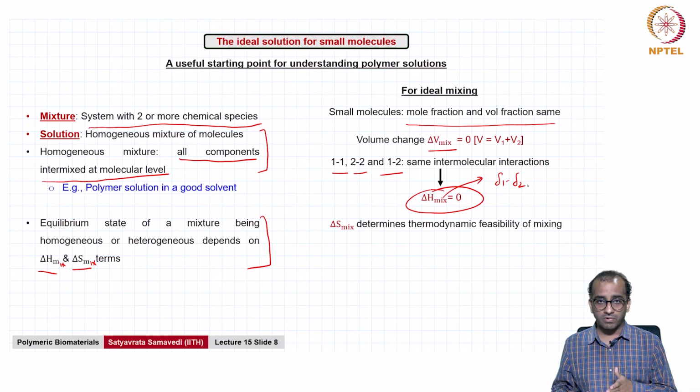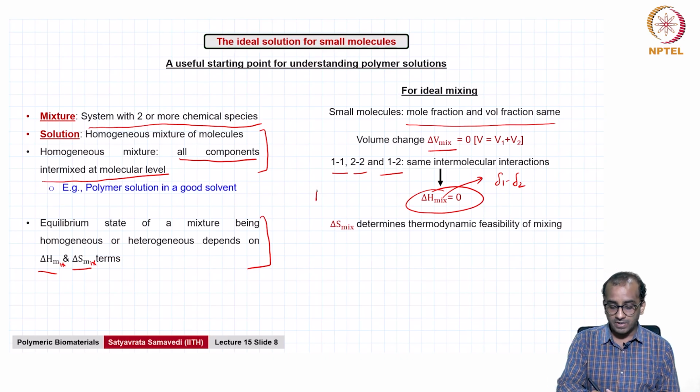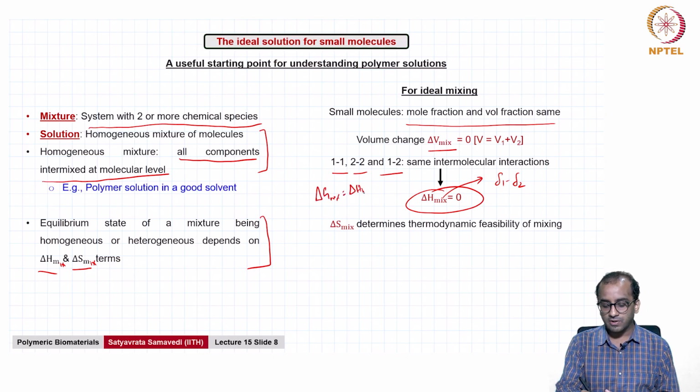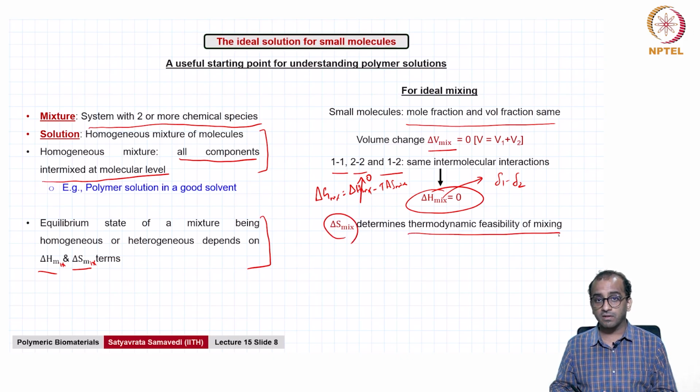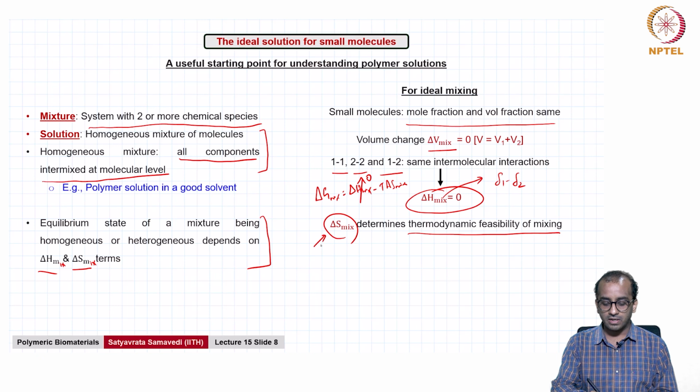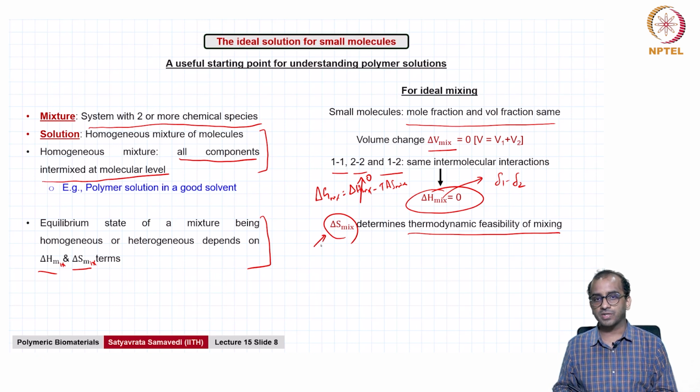They are all the same from an enthalpic perspective, from an interaction perspective, which means delta H mix is going to go to 0. So, if you look at it from a free energy perspective, where delta G mix is simply delta H mix minus T delta S mix, this term has gone to 0. So, the only factor that determines the thermodynamic feasibility of mixing for such an ideal solution is the magnitude of delta S mix.